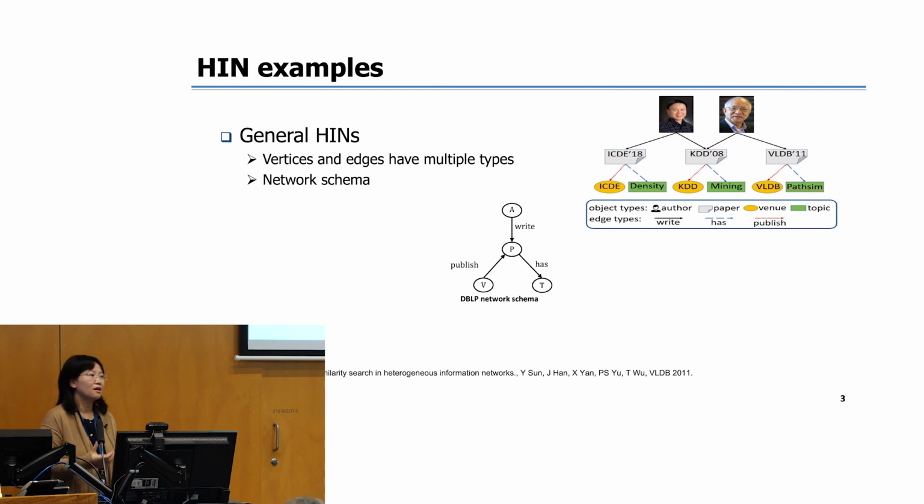This is done through a special piece of metadata called a meta path. This basically specifies that an author writes a paper, and this paper is published in a venue, and also this paper has a particular topic. This is how different types of vertices are connected.